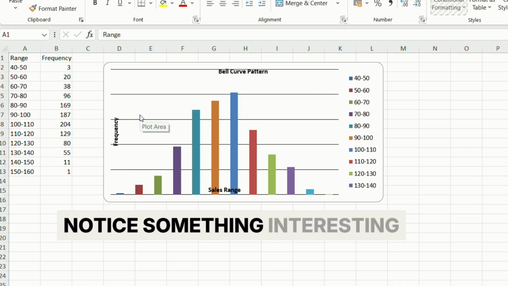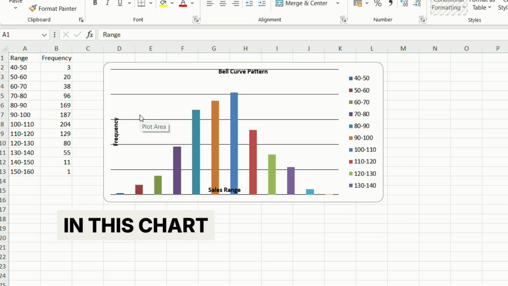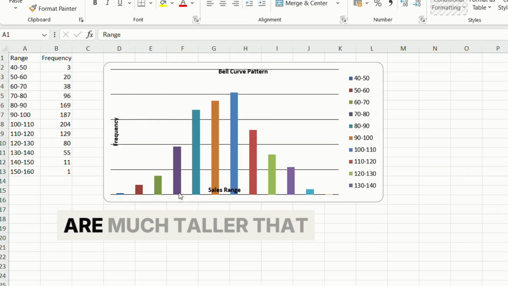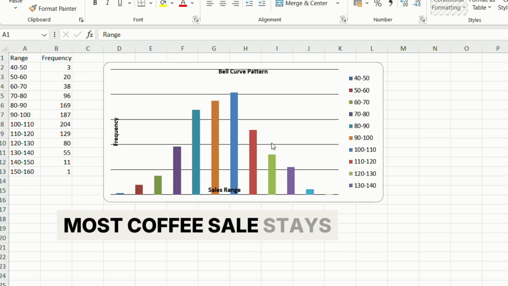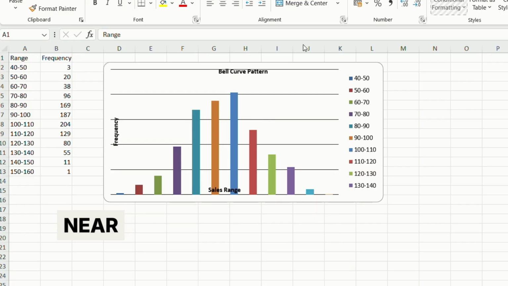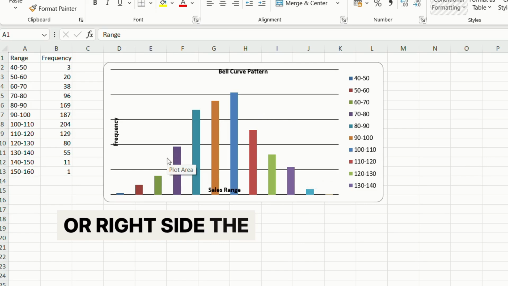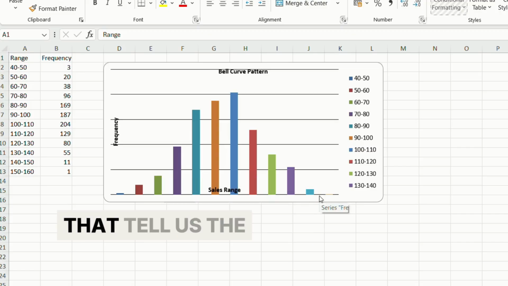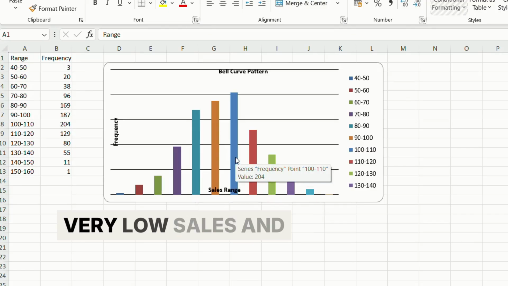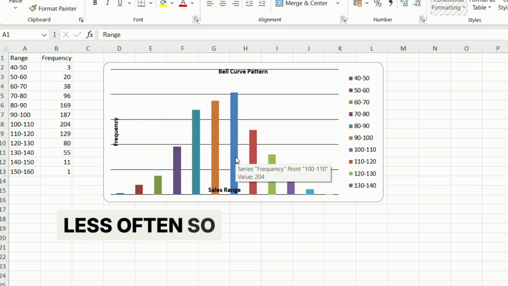So notice something interesting in this chart. The bars in the middle are much taller. That means most coffee sales stay near the average. As we move either left or right, the bars become smaller. That tells us that very low sales and very high sales happen less often.